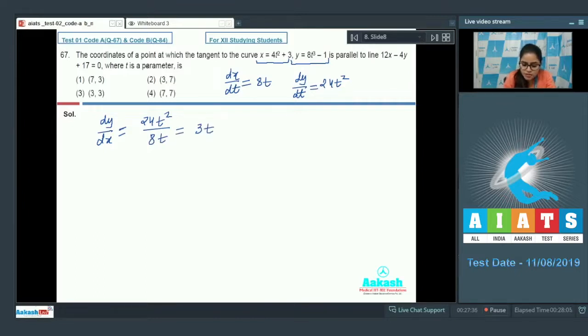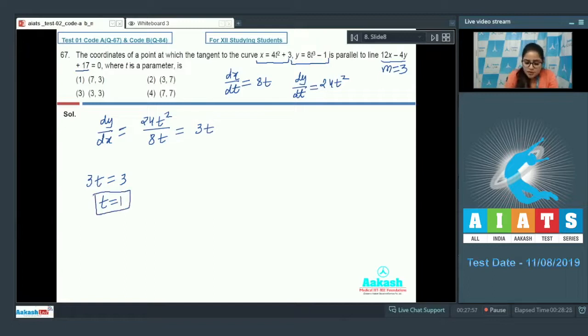And according to the question, the tangent to this curve is parallel to the line 12x minus 4y plus 17. So the slope of this line is 3. So according to the question, 3t is equal to 3. So you are getting t equal to 1.